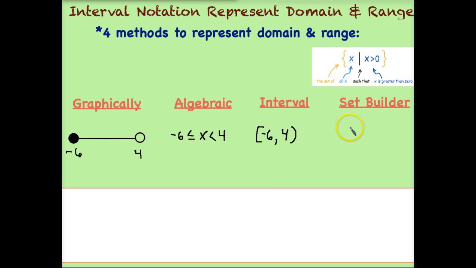Finally, we have set builder. It's not as common, but every once in a while you see it. And this is really the format up here. We draw a set notation, and then we use a variable. It doesn't really matter what variable. We say the set of x, and this is where the x is just a placeholder, such that, and then we really just repeat our algebraic statement.